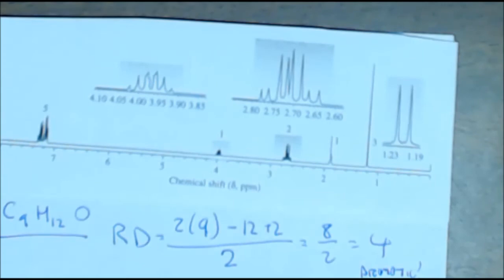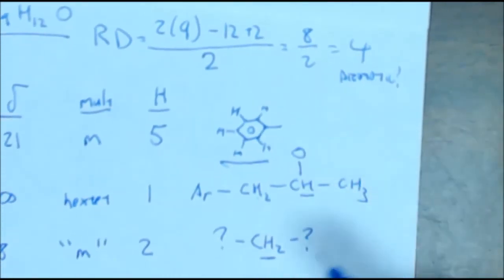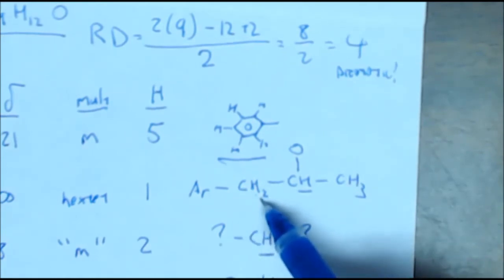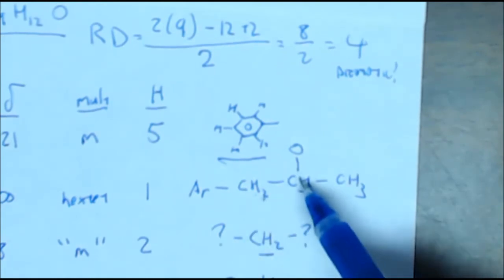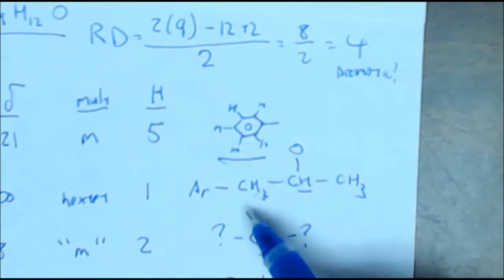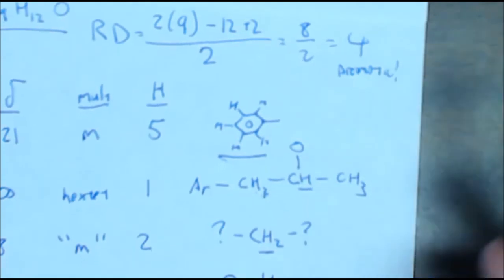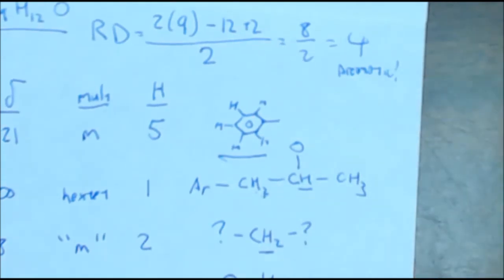As a result, what ends up happening is that you get something that's a non-first order coupling, and that's what we see up here with this weird structure. So again, this CH2 is prochiral, this CH is chiral. As a result, there's 2 different forms here, and it really messes up the coupling that goes on here. It becomes a non-first order type of coupling, and it's not something you can really predict.